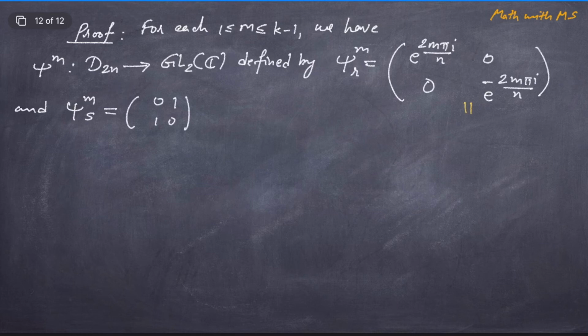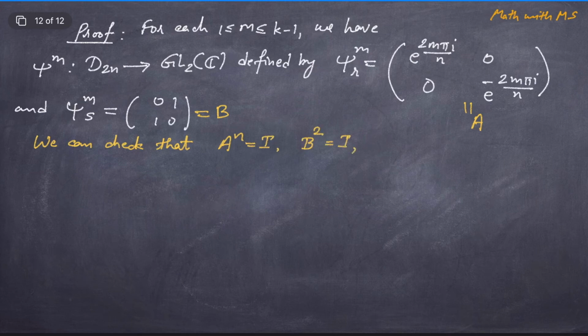If we call the first matrix A and the second matrix B, we can check that A to the power n is the identity matrix, B squared is the identity matrix, and B A B is A inverse. This implies that each of these maps psi m is a homomorphism, or a representation of the group.